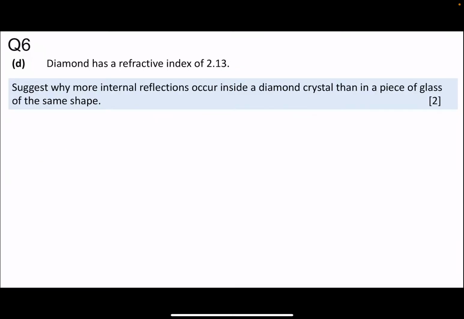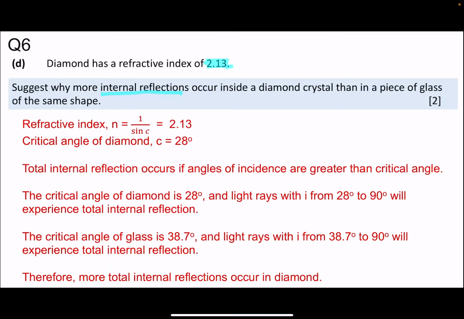Diamond has a refractive index of 2.13. Suggest why more internal reflection occurs inside a diamond crystal than in a piece of glass of the same shape. Now, internal reflection has to do with critical angle. So let's calculate the critical angle of the diamond, and using the formula, the critical angle of the diamond is 28 degrees.